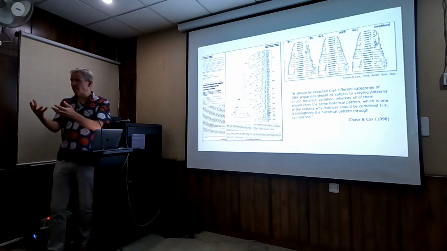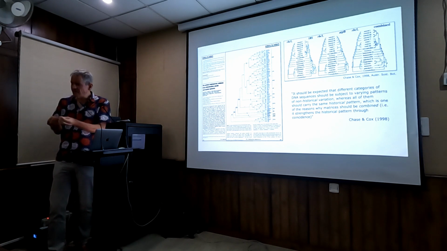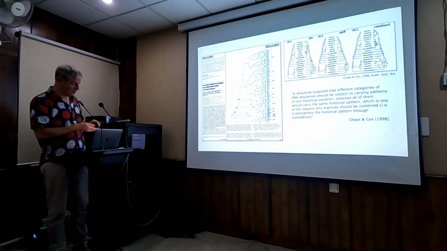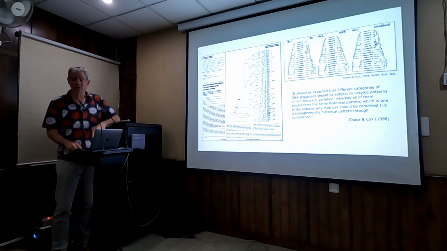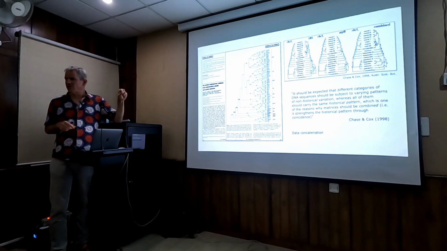And the idea is if you combine markers, you reinforce the phylogenetic pattern, and you just kind of dilute the noise. And that's what you see in that figure, because you increase support. Now, this strategy is called data concatenation.